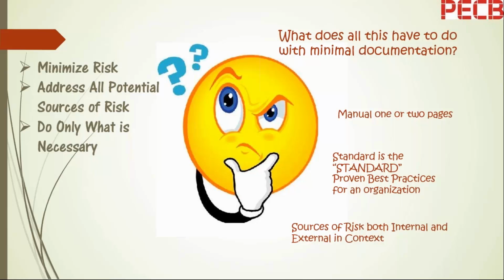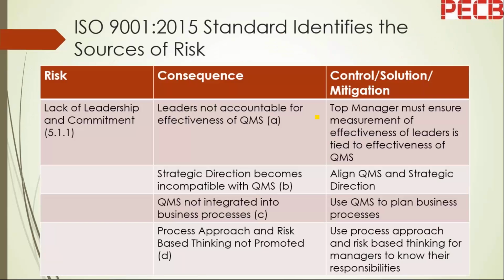And our goal is to minimize our risk, address all potential sources of risk, but yet do only what is necessary. So, as I said, the standard is in identifying the internal and external issues, but the standard also identifies the sources of our risk.